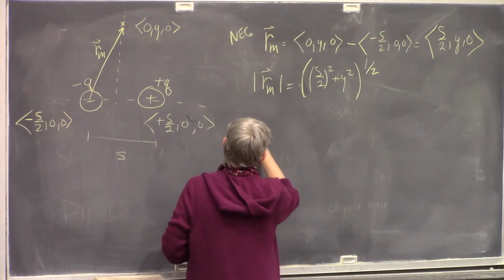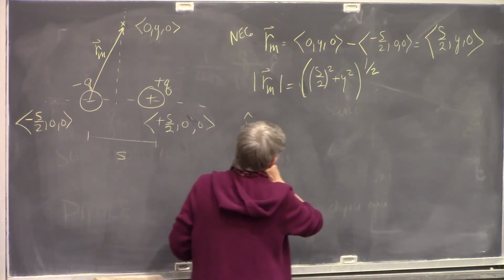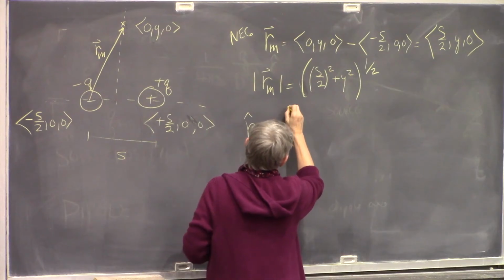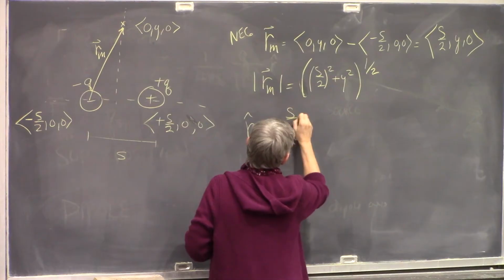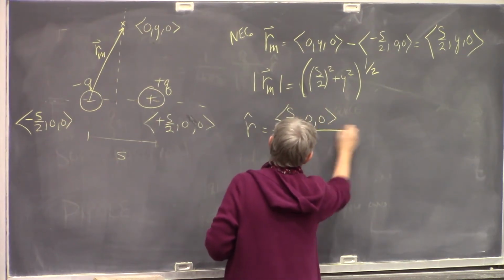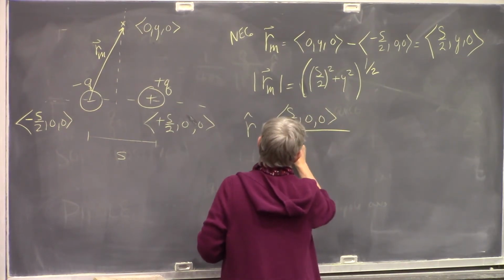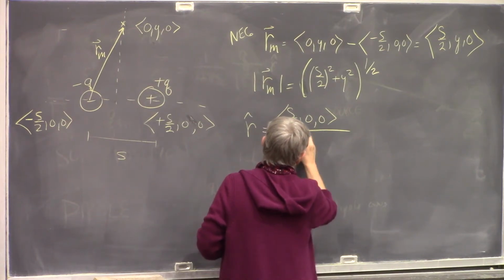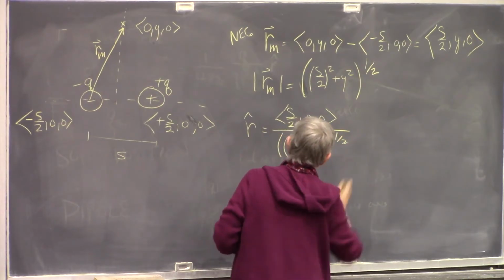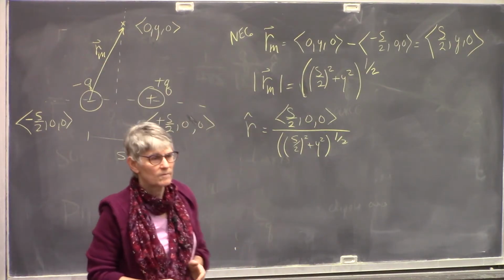And so r hat is equal to r over the magnitude, which is going to be s over 2, 0, 0 divided by the square root of s over 2 squared plus y squared.